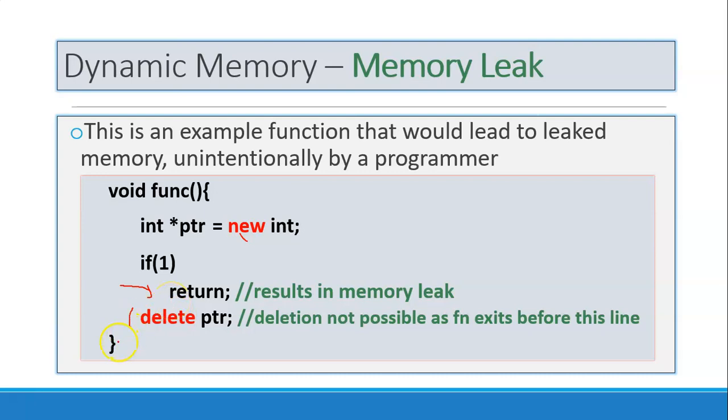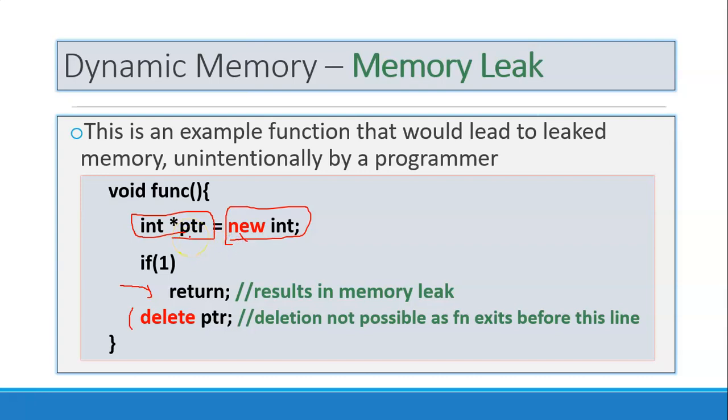And it's returned to probably the caller, which might be the main function, and there will be no way for us to reference this memory which was created, because we will have lost this pointer, because the pointer here is on the stack memory, but the actual memory is the dynamic memory allocated.